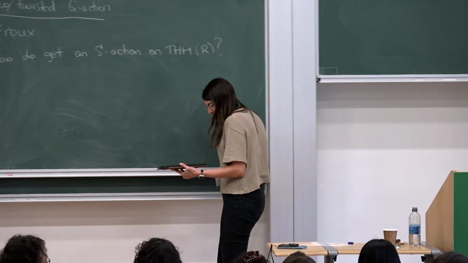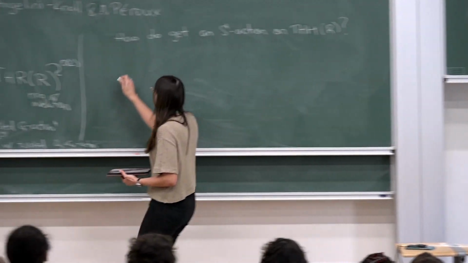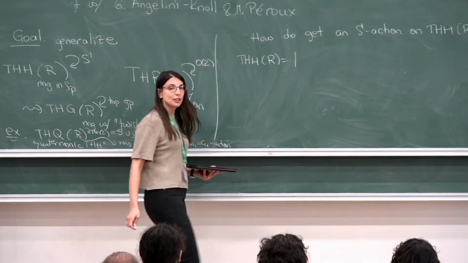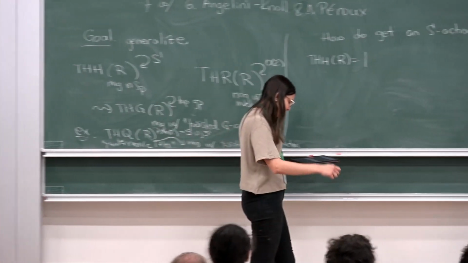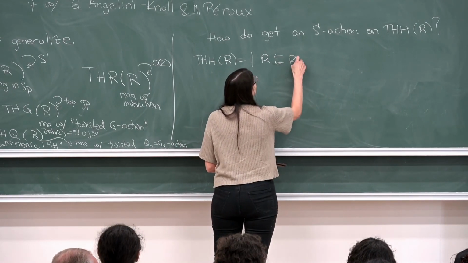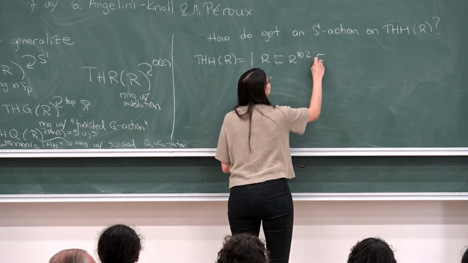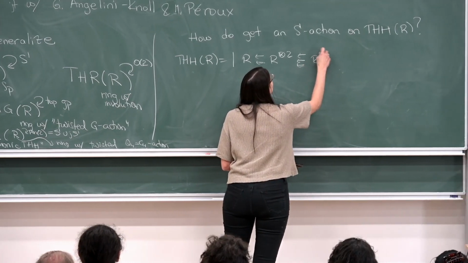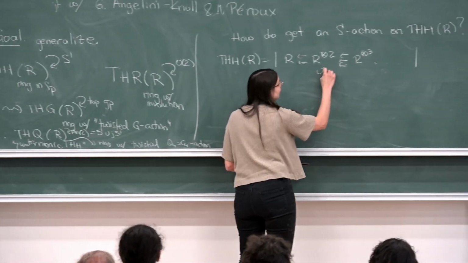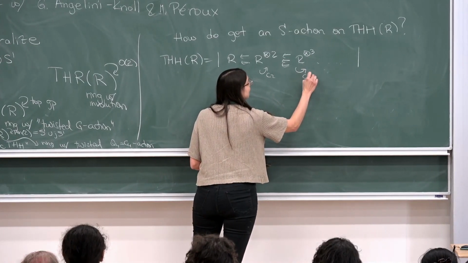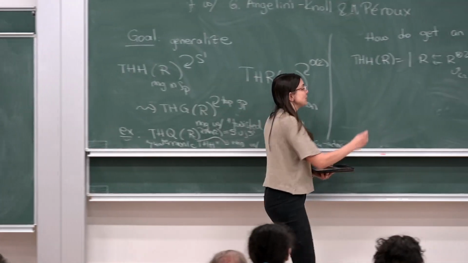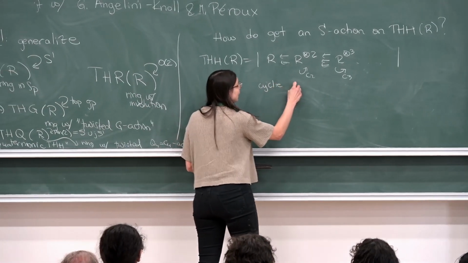Okay, and so let's maybe remember here that THH of a ring is the realization of the cyclic bar construction, where we take into account these actions at each level of the cyclic groups. So this is the cyclic bar construction.